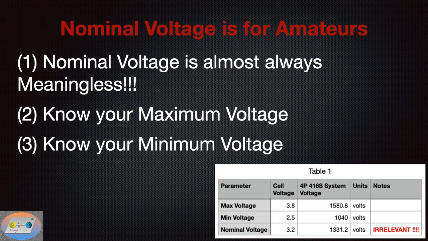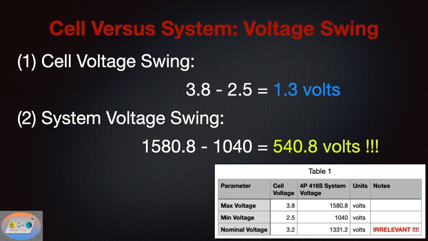Know your maximum voltage and know your minimum voltage on the cell level, and then extrapolate to the system level. Forget the nominal voltage. So why is cell voltage versus system voltage extremely important? The answer is voltage swing, the difference between the minimum and maximum voltage.